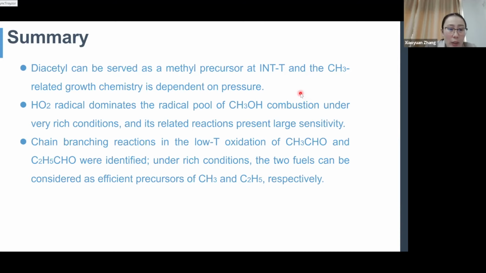In these sections, we identified different chain branching reactions in the low temperature oxidation of acetaldehyde and propanol. And we found that under fuel-rich conditions, these two fuels can be considered as efficient precursors of methyl and ethyl radicals respectively. So the experimental data obtained under fuel-rich conditions can also provide validation data for the low temperature oxidation of methyl and ethyl radicals.